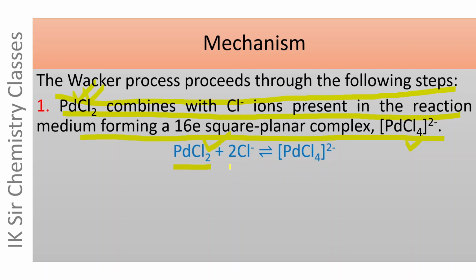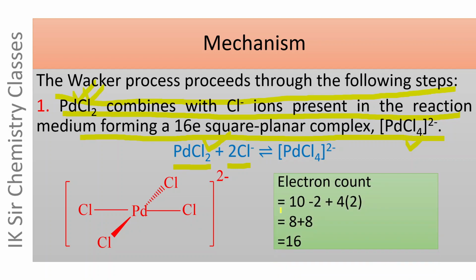PdCl2 reacts with chloride ions present in the reaction medium, forming PdCl4 2-. This has a square planar geometry and its electron count is given here. There are 10 valence electrons in palladium atom and 2 electrons are lost because its oxidation state is +2.